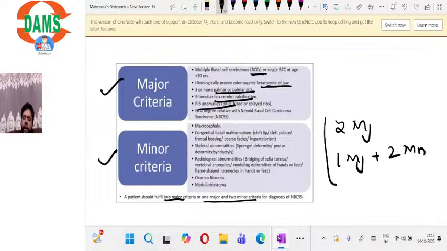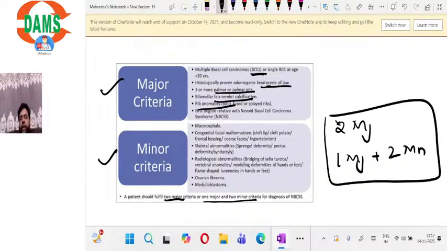That is the rule they say, but it doesn't matter. The question doesn't come like this. They won't ask major and minor like this. You just need to know the clinical features of nevoid basal cell carcinoma syndrome.